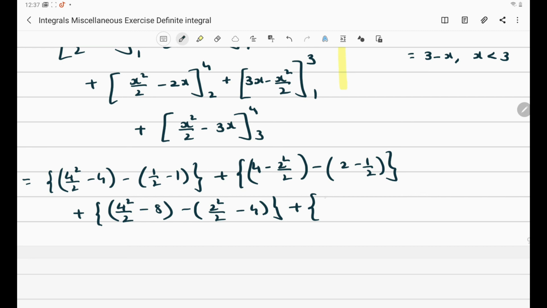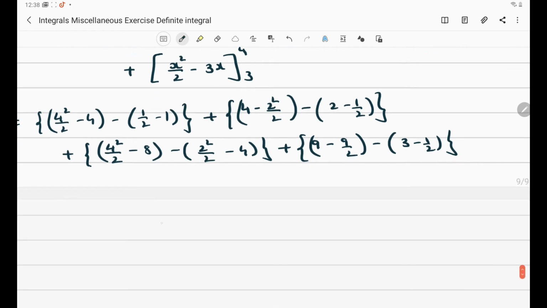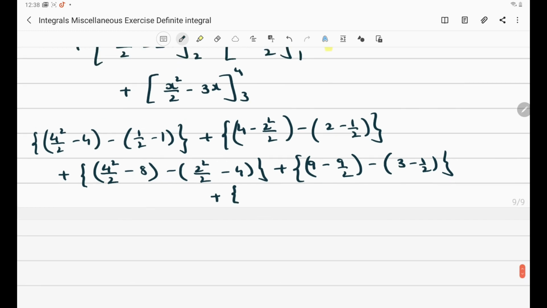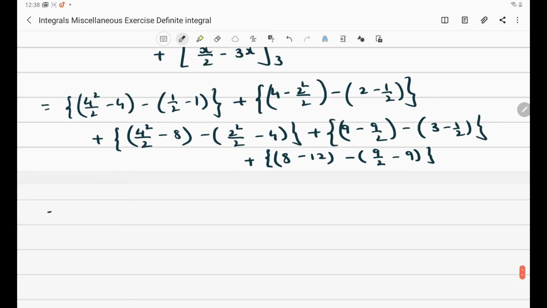So we get 9 minus 3 square by 2, that is 9 by 2, minus substituting 1, we get 3 minus 1 by 2, plus the last part is plus substituting 4 we get 4 square is 16 by 2 is 8, minus 3 4s are 12, minus substituting the lower limit 3, so we get 3 square is 9 by 2 minus 3 into 3 is 9. So we have simplified. Now we are going to get the value.